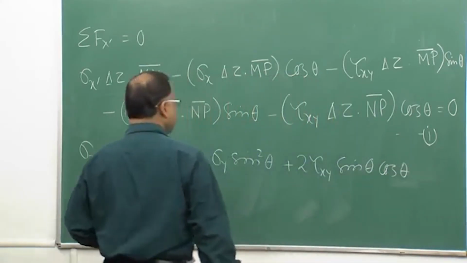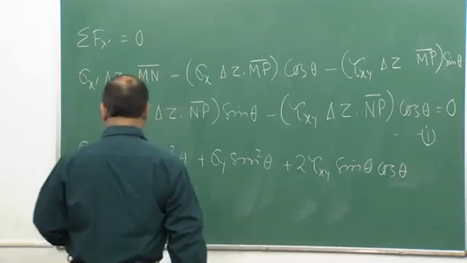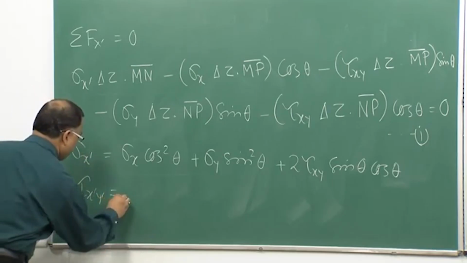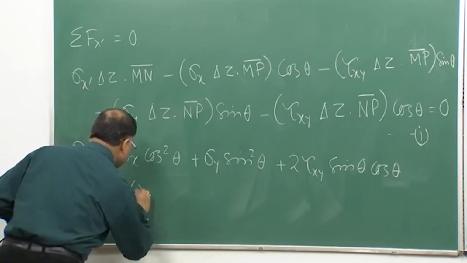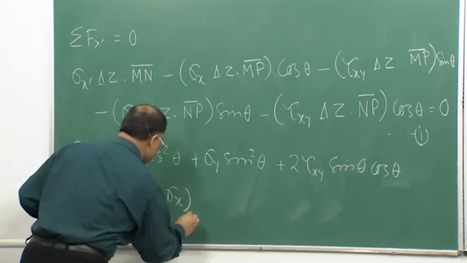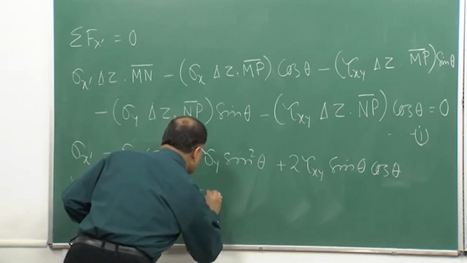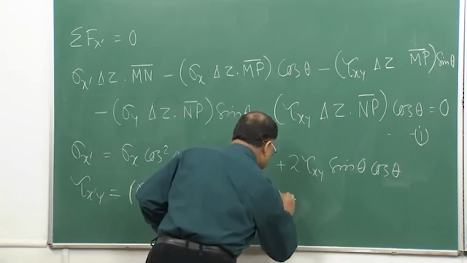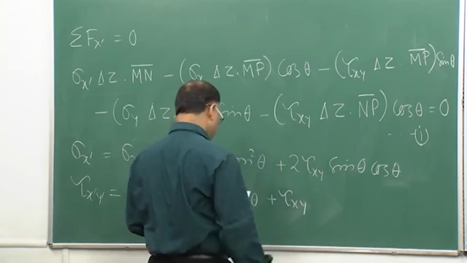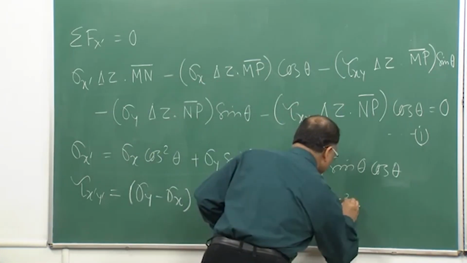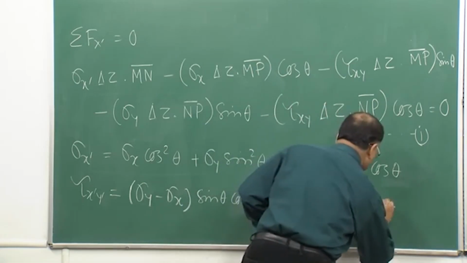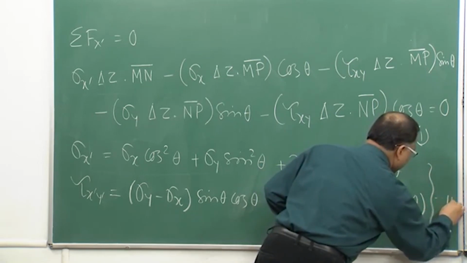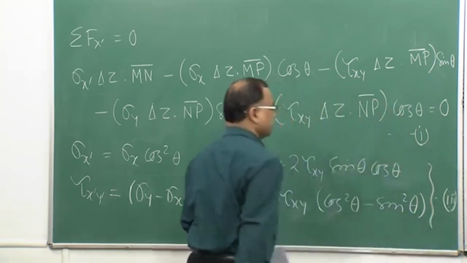And from equation 2 we will get tau x prime y prime equal to sigma y minus sigma x, times sin theta cos theta, plus tau xy times cos square theta minus sin square theta. These two equations I am calling equation 3.